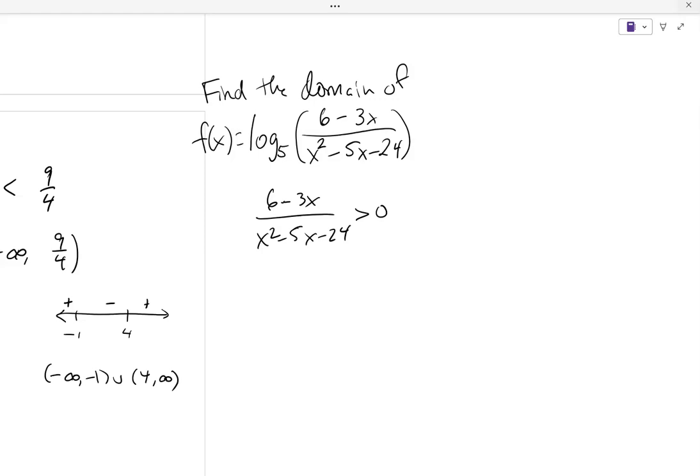So what would you do at the bottom then? Okay, good. I want to factor the bottom. I could also factor something out of the top, right? There's a common factor of a 3 in there. How does the bottom factor? Good. X minus 8, x plus 3.